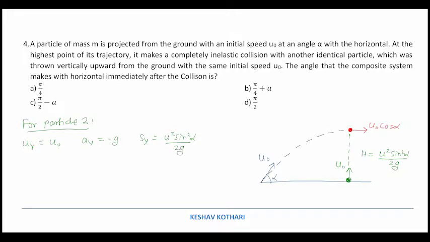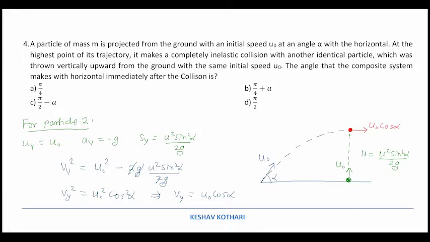If we calculate the final velocity attained, I can write that the final velocity along y-axis square is equal to the initial velocity square minus 2gh, which gives u square sine square alpha by 2g. From here we obtain u square (1 minus sine square alpha), which can be written as u square cos square alpha, and we can write that the velocity along y-axis is equal to u naught cos alpha.